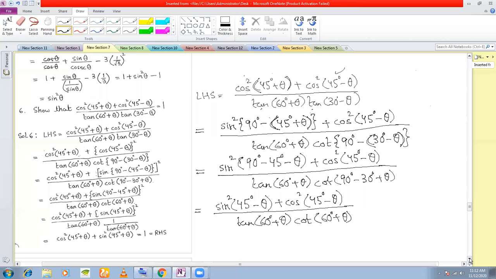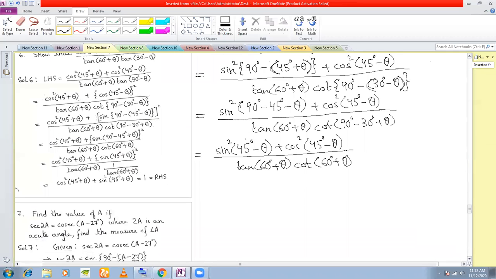Okay, and you know that if you see these two angles are equal, 45 degree minus theta and 45 degree minus theta. And you know that sine square theta plus cos square theta is 1. So consider these two as theta. You get in the numerator 1. And in the denominator, you know that tan is reciprocal of cot.